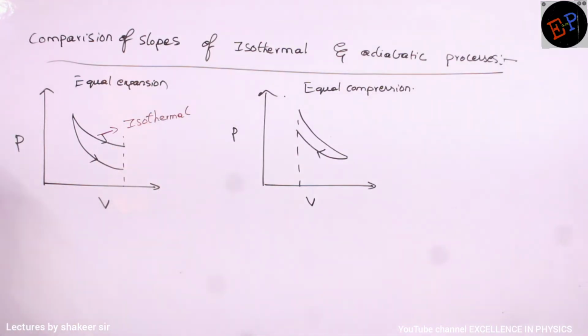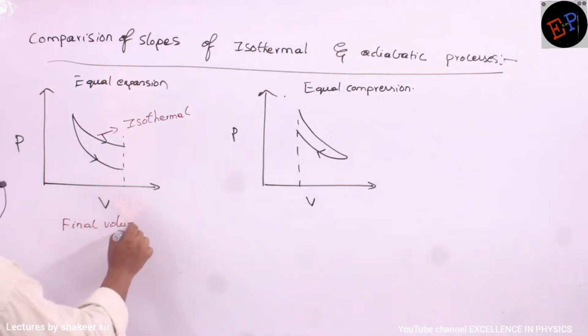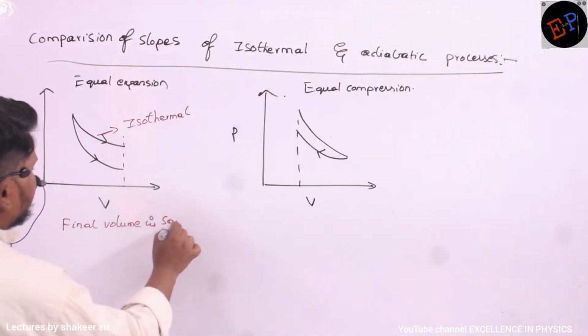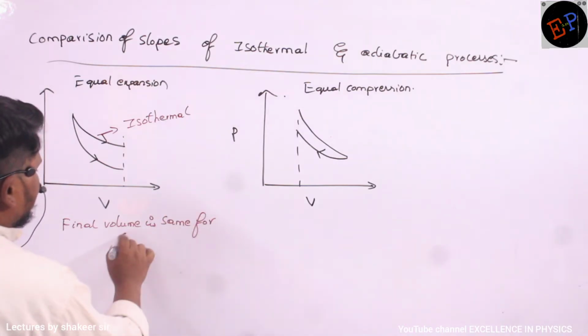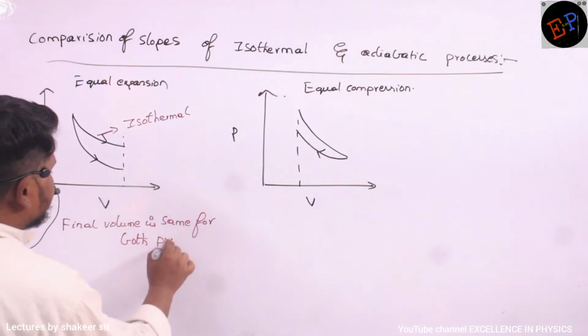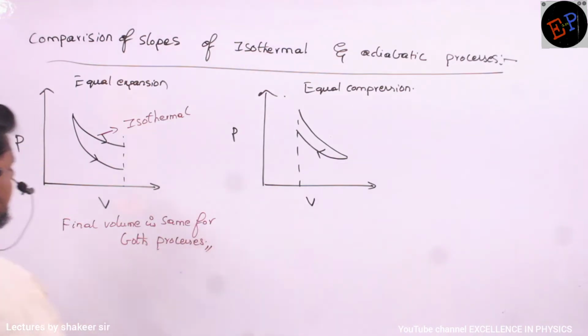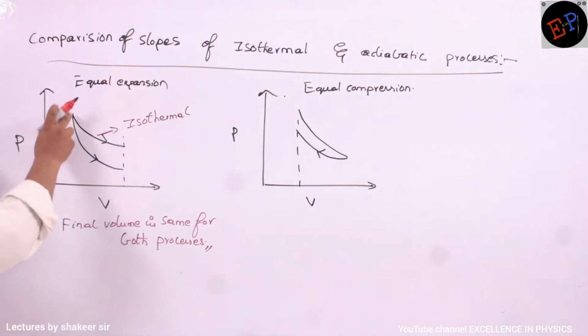Therefore, the final volume of which one is greater? The final volume is the same for both of them, no? So the first condition I can write is the final volume is the same for both processes. It means we are expanding both the gases.